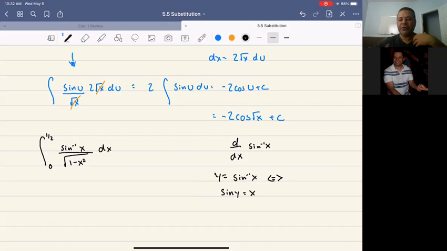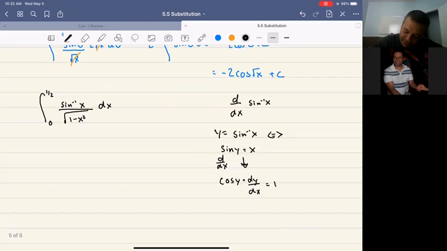Now we're going to take the derivative of both sides with respect to x. So we're going to get cosine y times dy dx equals 1. So dy dx is 1 over cosine of y.